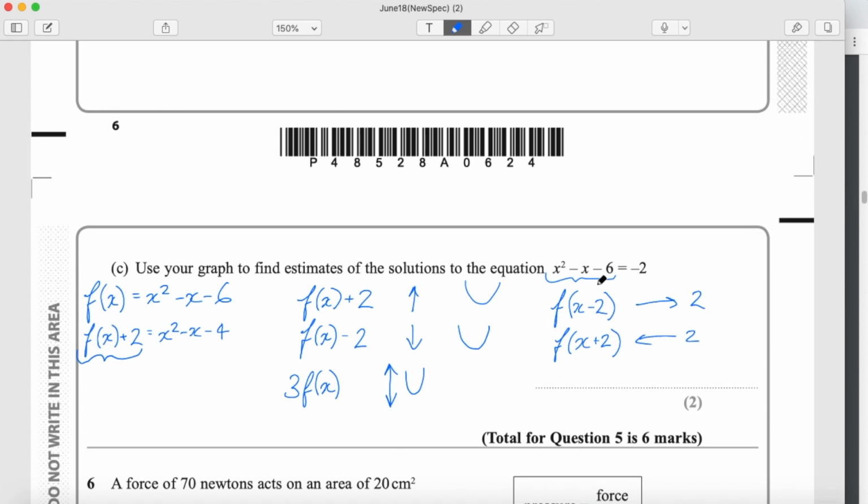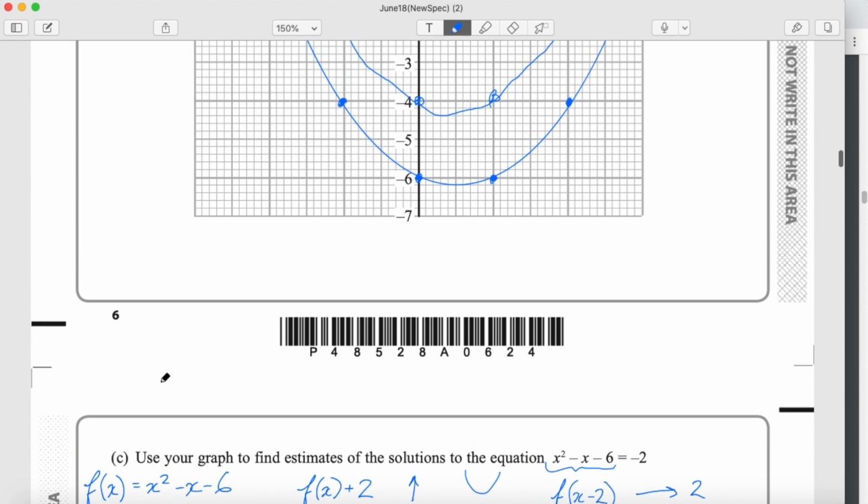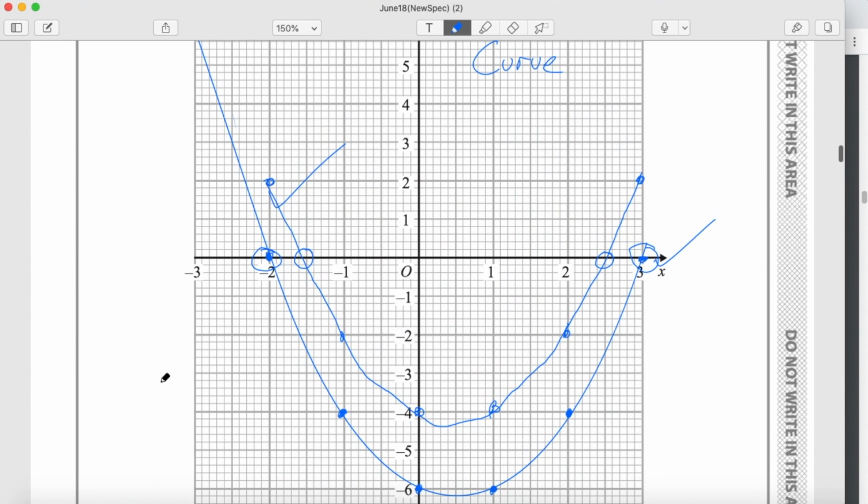Now, back to our original question, 5 part C. We've added 2 to both sides, so that would be shifting our parabola 2 units upwards, or 2 units in the y direction, which would look something like this if plotted. So we take each point and move it up 2.